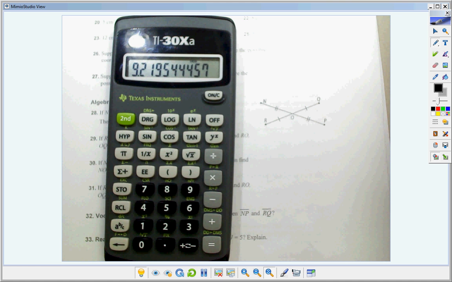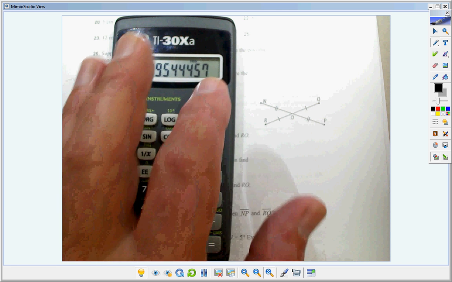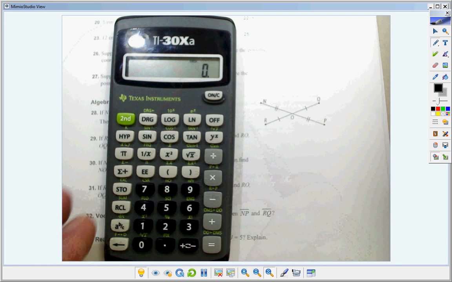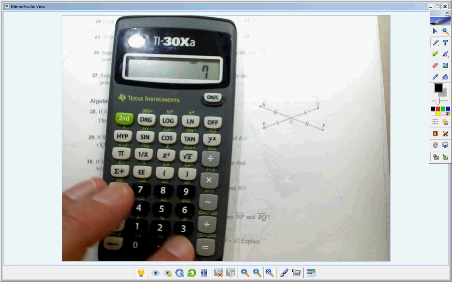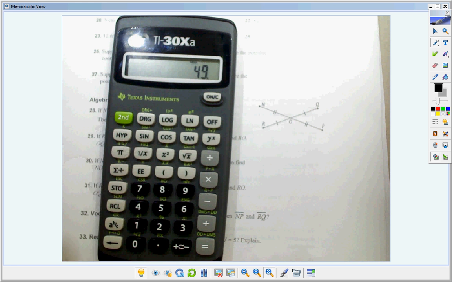If you would, take your calculator out and put in -7 squared. What did yours give you? It gave you a -49. Mine gave me 49. What did yours give you? -49.